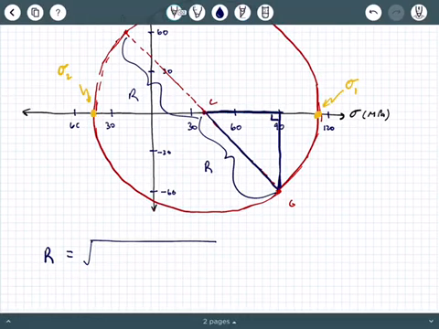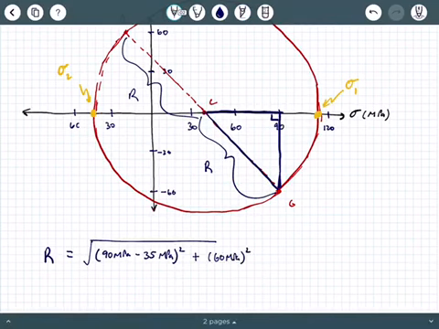I'm going to say square root, and look at my horizontal dimension first. This horizontal dimension right here is 90 minus 35. It's the 90 minus the center point, 35, that gives me this length. So that's my first term: 90 megapascals minus 35 megapascals, quantity squared.